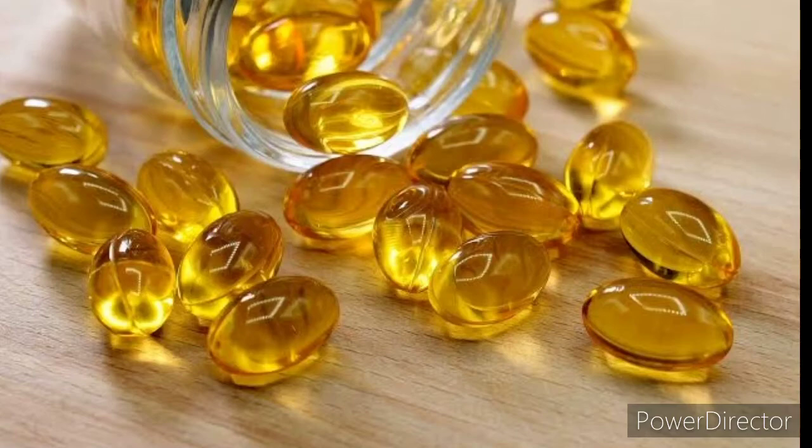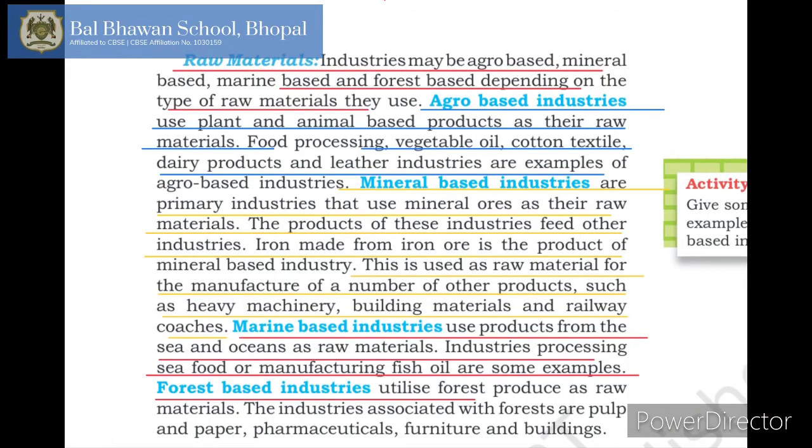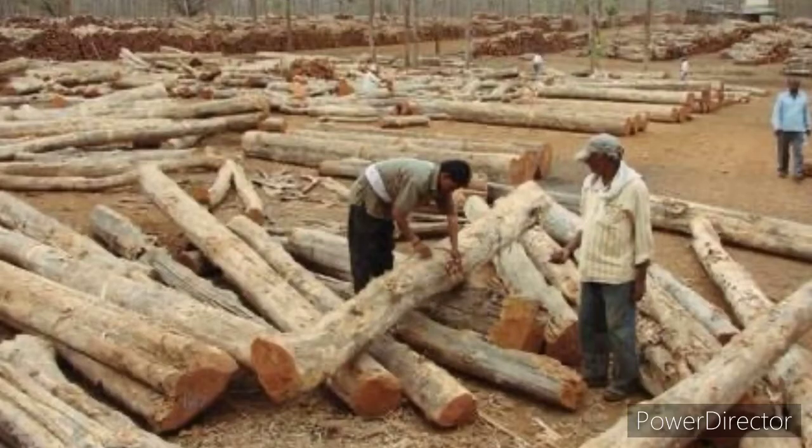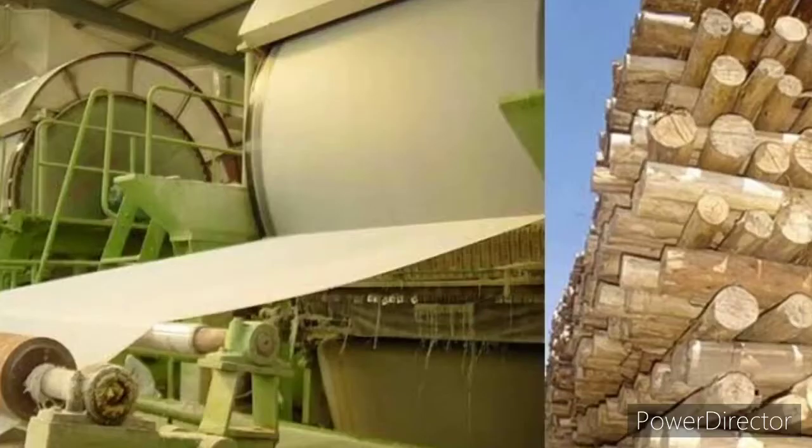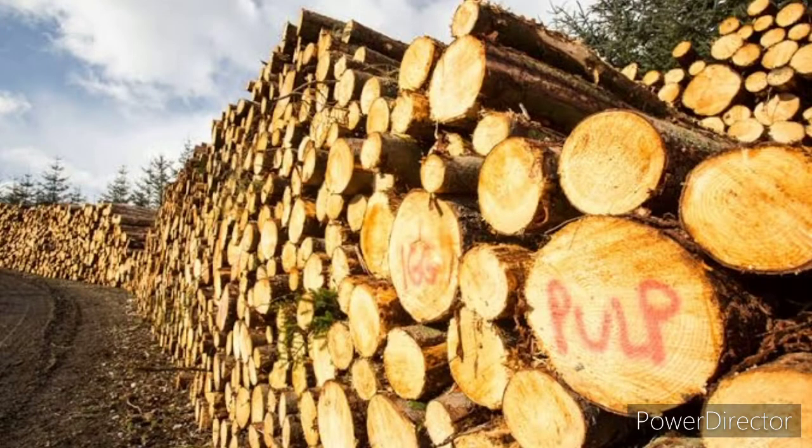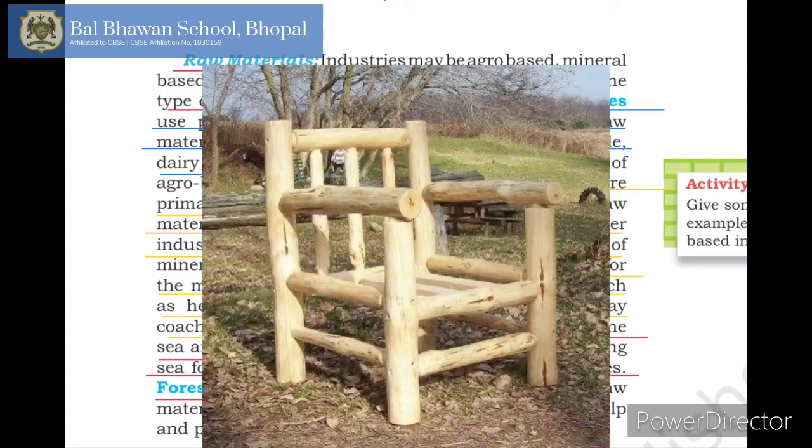And under the classification of raw material, next is forest based industries. When we talk about forest based industries, these industries utilize forest produce as raw materials, and these industries make pulp and paper, pharmaceuticals, furniture, and buildings.